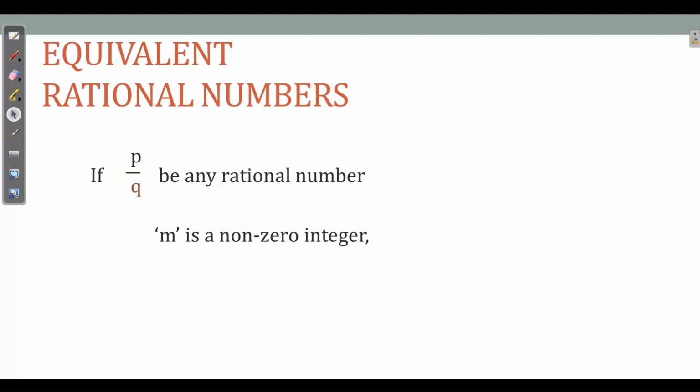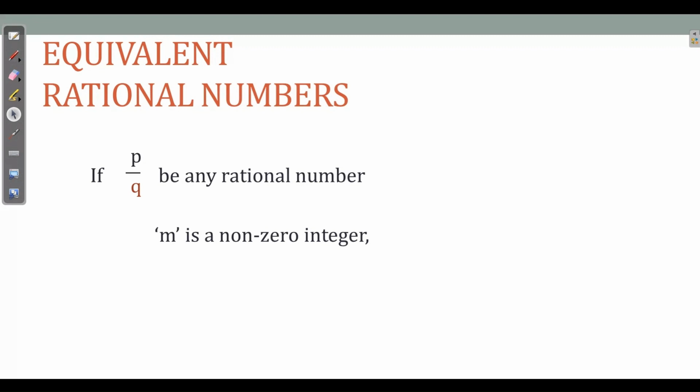Equivalent rational numbers. Any rational number in the p by q form can have equivalent rational numbers. Those equivalent rational numbers can be obtained by using any non-zero integer, say m in this case. How do we get the equivalent for p by q?